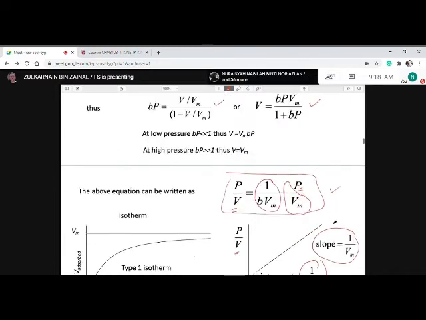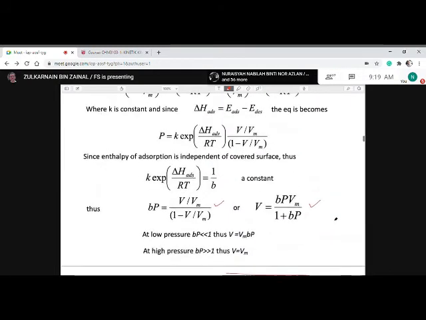So what is important of B to you? Because B is related to the energy of adsorption. So that's why the B value is also important, especially when we are talking about catalytic reaction or surface reaction.